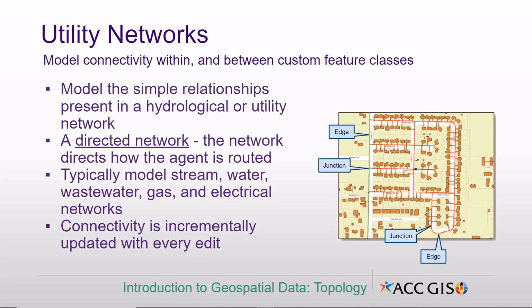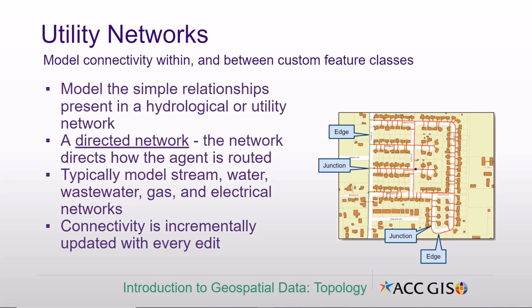And when you update the feature classes that are participating in the utility network, you also update the underlying network at the same time. So connectivity is incrementally updated with every edit. On the right-hand side, you can see an illustration of a utility network in a neighborhood. And so the green lines or edges are transmission lines, and we'll say for power in this case.